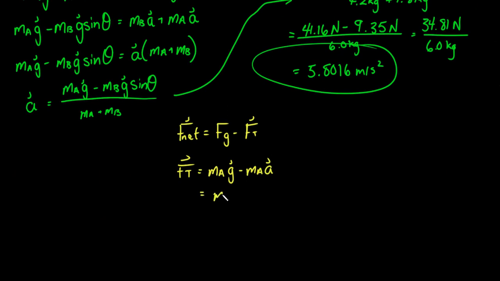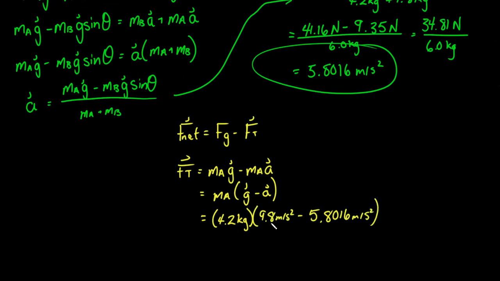So I'm going to factor out the mass, and then the acceleration is simply gravity minus acceleration. Okay, so the mass of A was 4.2 kilograms. Gravity is 9.8 meters per second squared. And we're subtracting this 5.8016 meters per second squared.